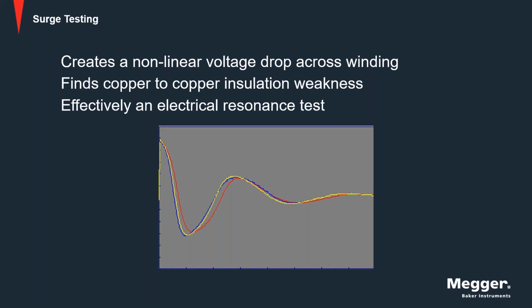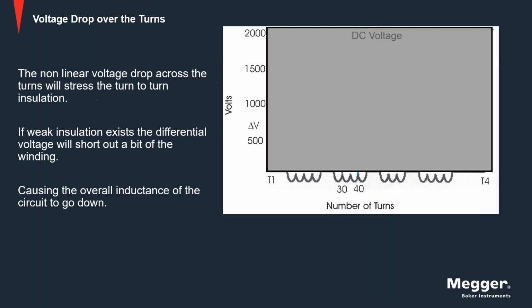What is unique about it is that it creates a nonlinear drop of voltage across the windings. So now between turns, we do have a difference. There is a drop of voltage across the windings, so it can find those copper-to-copper weaknesses. Effectively, it's an electrical resonance test. As we raise our voltage up, we're giving it a pulse. It is a DC voltage.